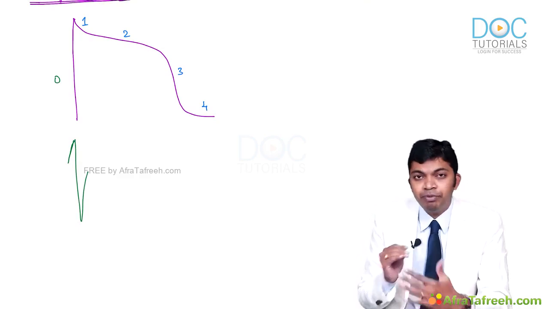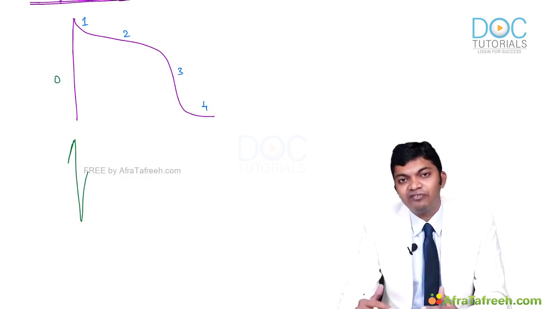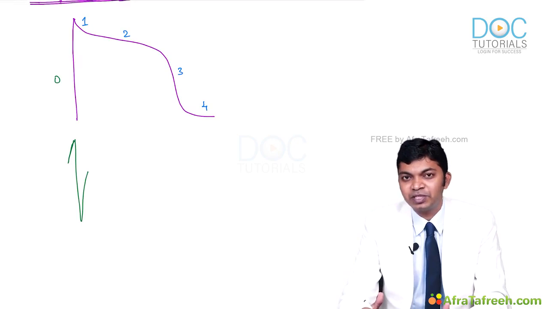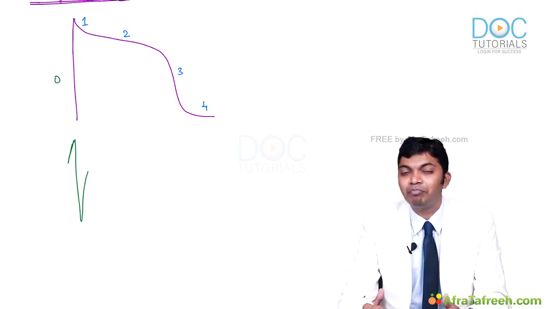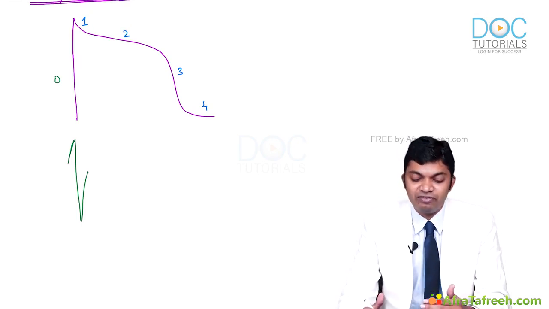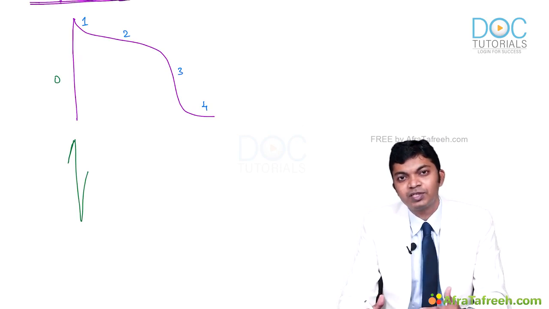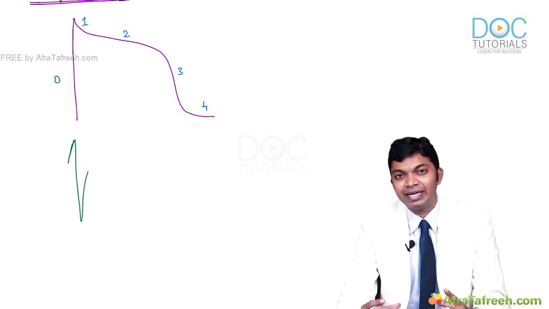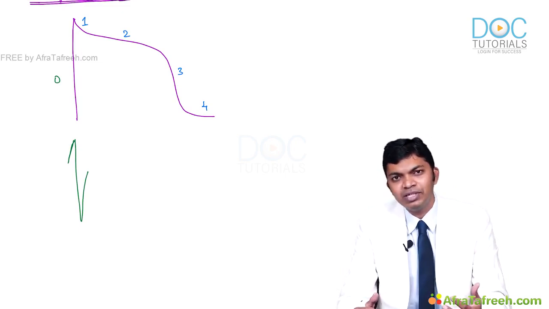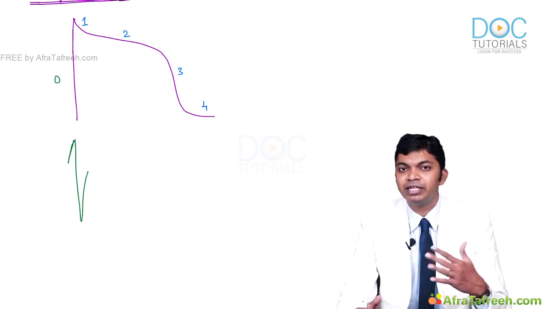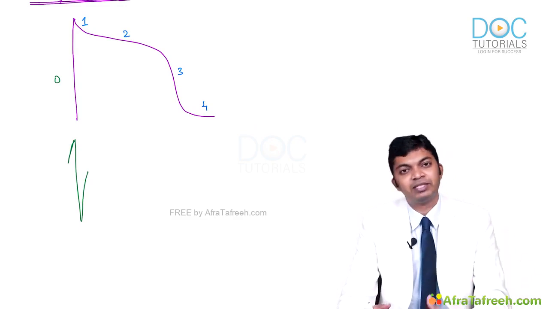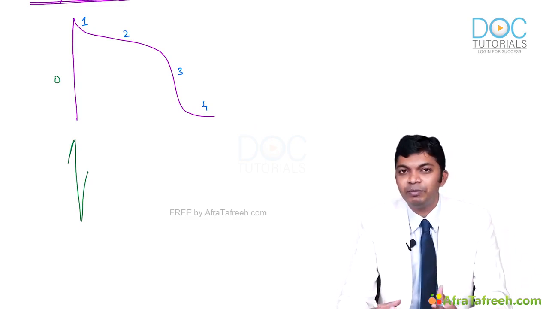Now the beauty is we saw flat lines in the myocyte action potential, that is formed by the plateau phase, isn't it, doctors? Flat line in action potential is caused by isoelectricity. The cell's electrical nature remains static. It is neither getting positive nor getting negative. If you remember the discussion we had in the myocyte action potentials video, you will be able to understand this.